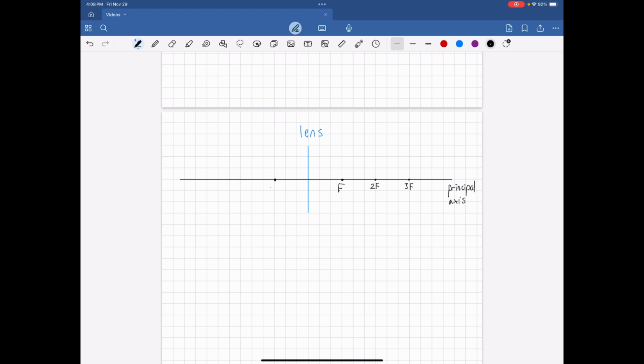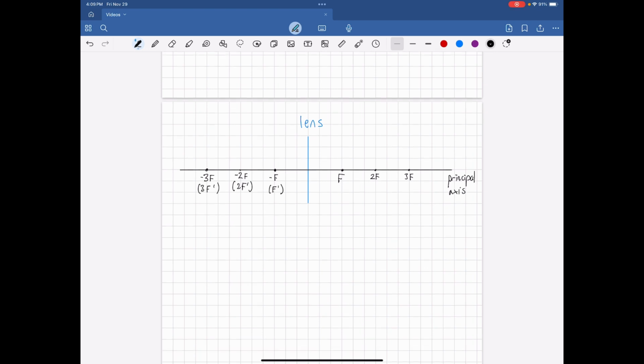This one I'm going to call minus F, or you could call it perhaps F dash. Over here, we can call that one minus 2F, or 2F dash, and so on. Now, when you do these diagrams yourself, it's important to keep the scale correct, otherwise the whole thing will go wrong. So we draw it like so.